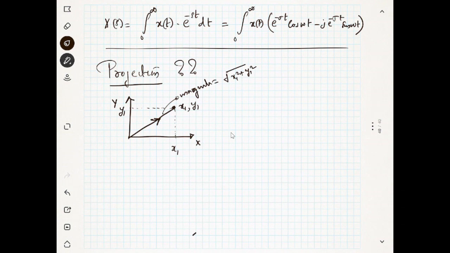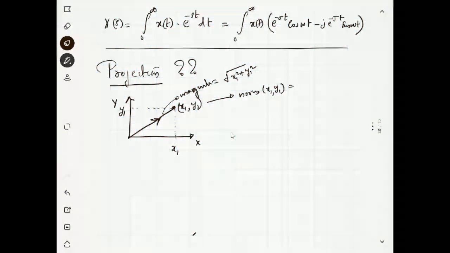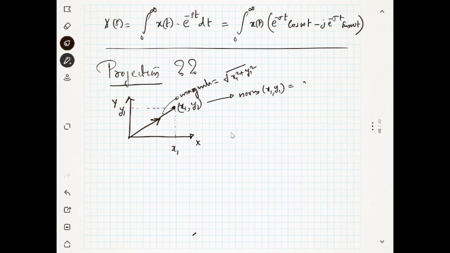You can define this in another way also, as the norm of your x1, y1. We will call it x1 square plus y1 square, and if you want to find the magnitude, just take the square root of this. That's it. And what is x1?